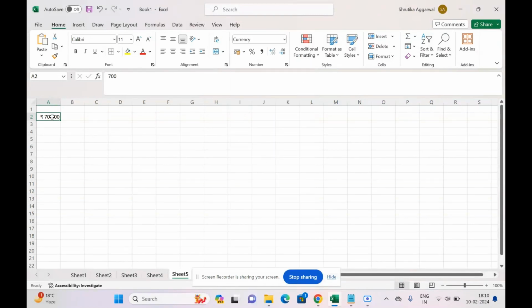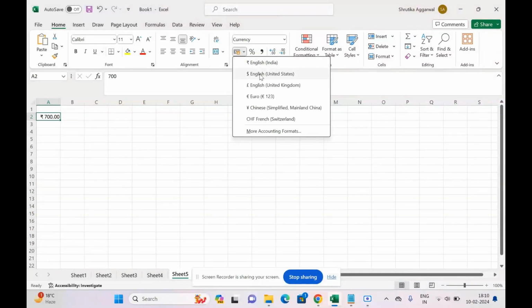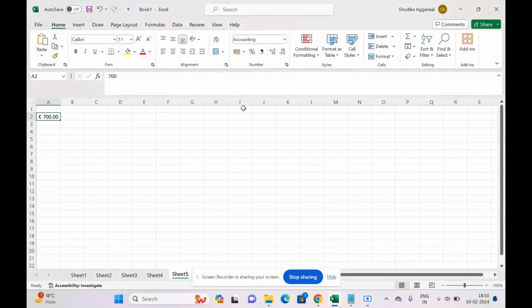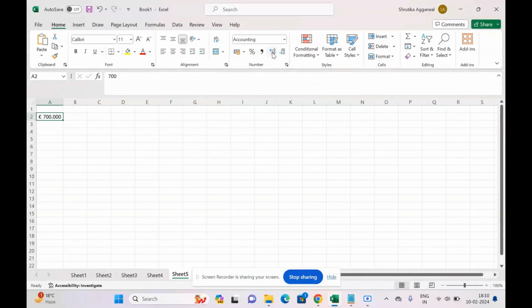Currently it shows me rupees, and if I want a different currency, I can go to the dropdown beneath it and select dollars, euros, pounds, anything. Let's say euros. It gives me 700 euros. Again, you can increase or decrease your decimals. Currently I decreased the decimal. In case I want to increase it, I can use this sign to increase my decimals.